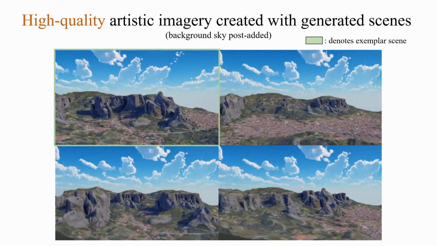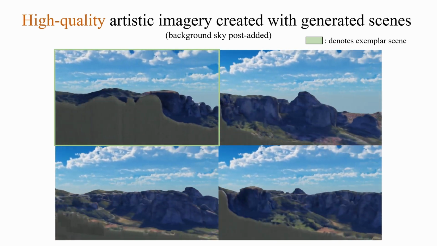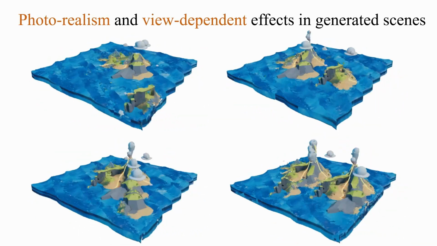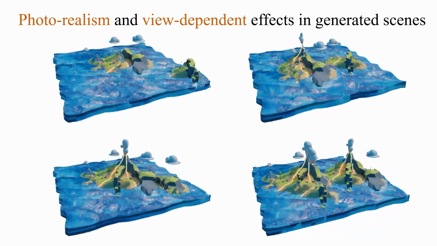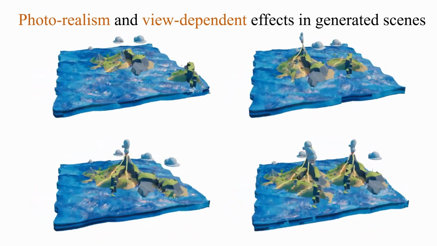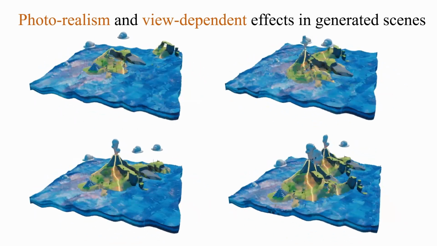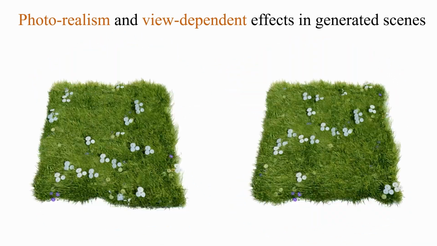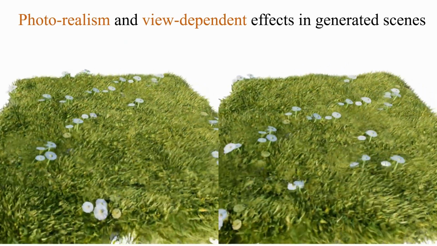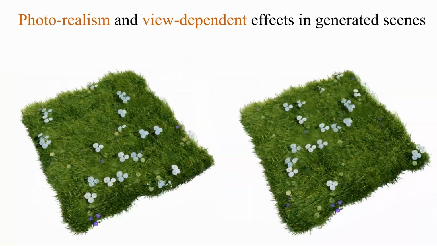This scene is obtained using Google Maps. A particular feature of our method is that the photorealism and view-dependent effects of the exemplar are inherited in the results. See the reflection on the sea changing under spinning cameras, and also a very realistic lawn.